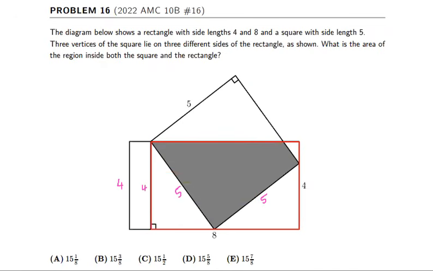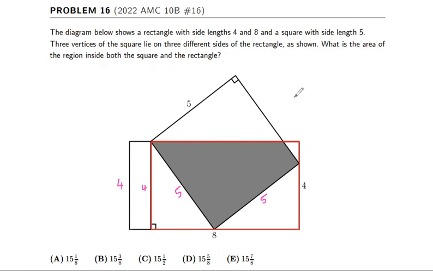But as soon as I see 90 degrees or parallel lines, like squares and rectangles have parallel sides, I need to hunt for similar triangles, which is going to help a lot. But I don't really see other angles that we can use.